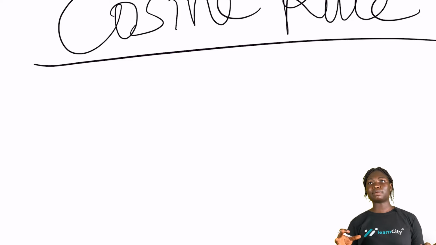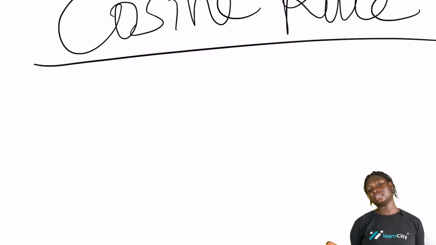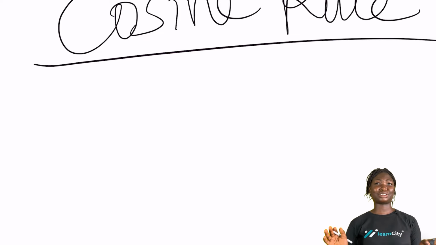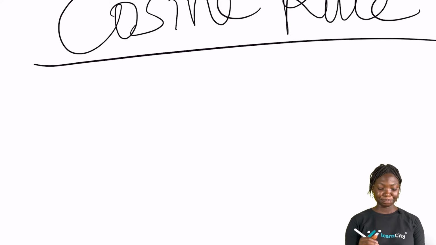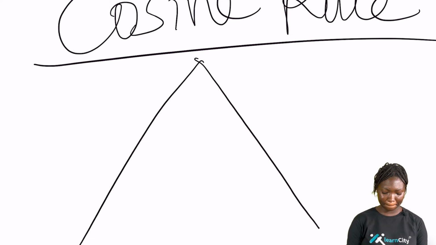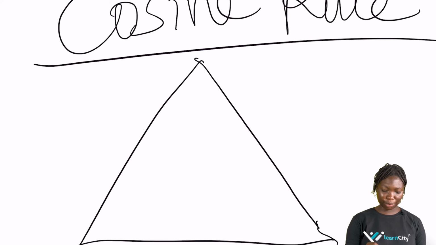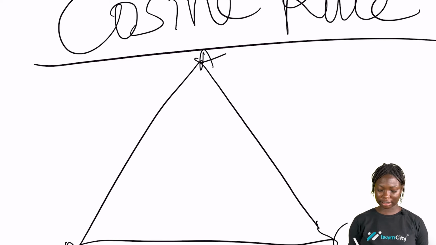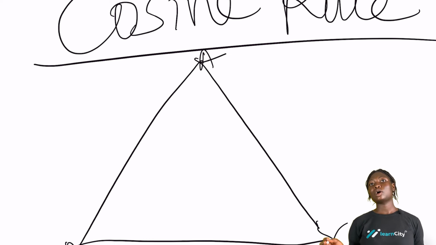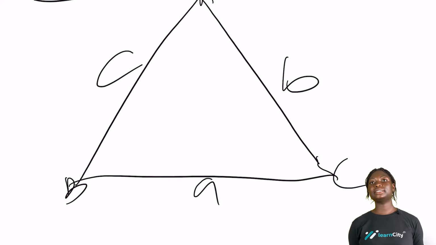Cosine rule is especially used to solve triangles where two sides are given, in any obtuse or acute triangle with angles A, B, C and sides A, B, C opposite them. In this triangle we have A, B, and C, and their opposite sides.